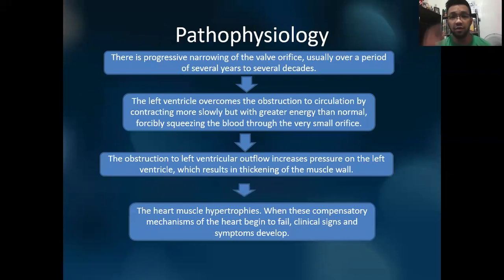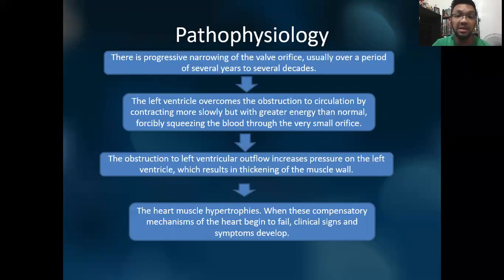So the pathophysiology of this. There's a progressive narrowing of the valve orifice, the aortic valve, usually over a period of several years to several decades. The left ventricle overcomes the obstruction to circulation by contracting more slowly. But even though it contracts slowly, it uses greater energy than normal.